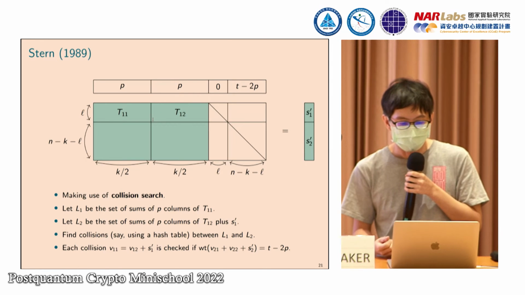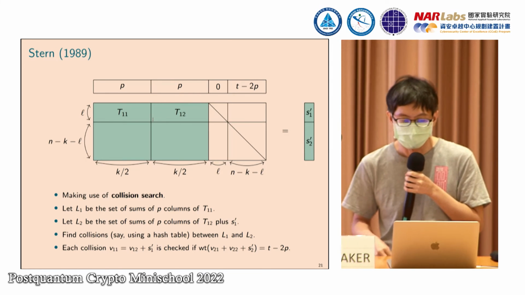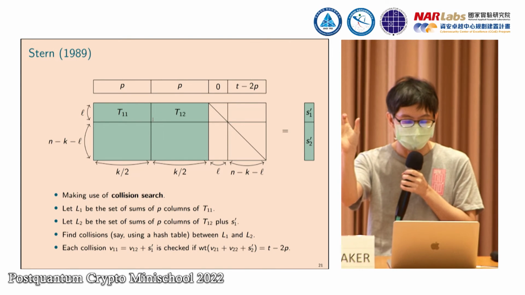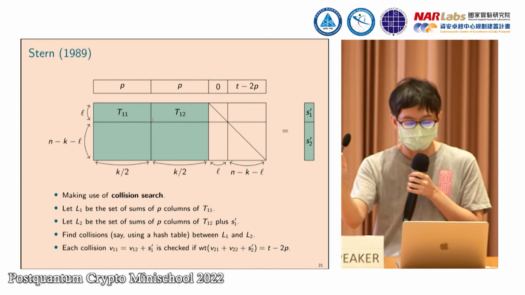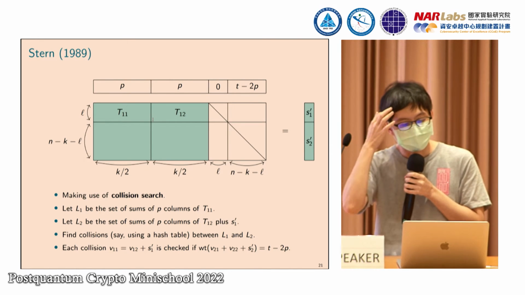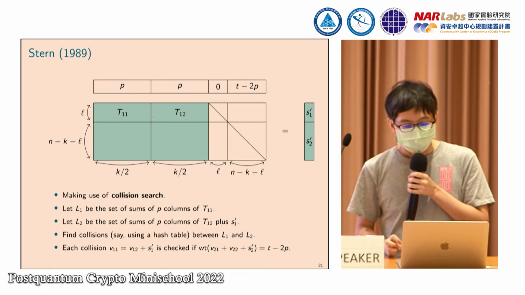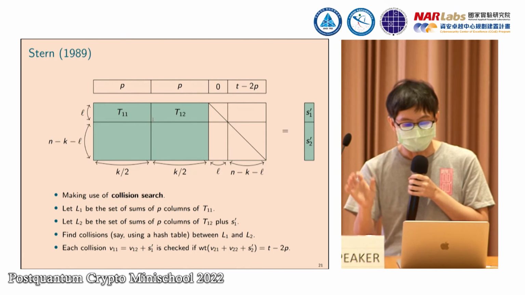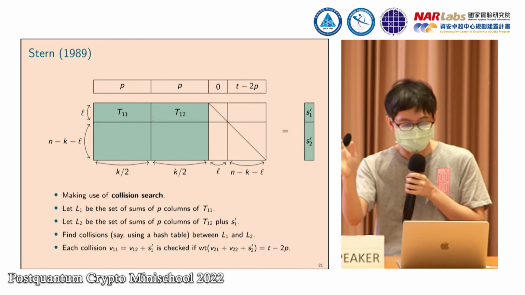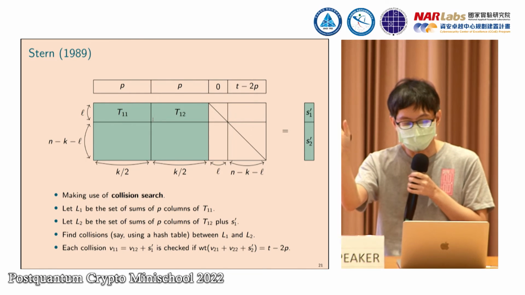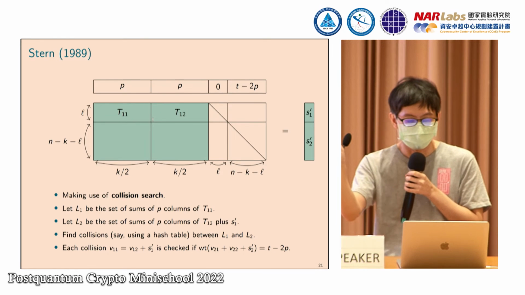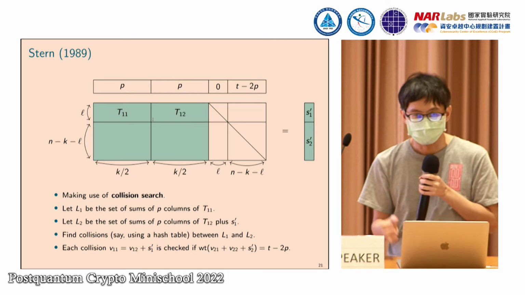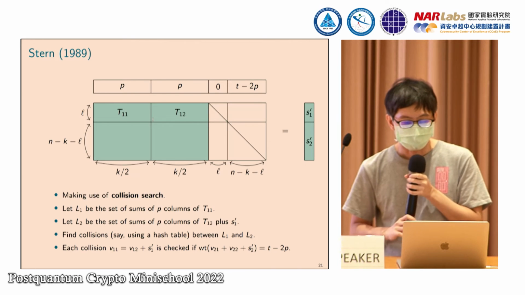So the concept is that now you consider that you have p errors in the first k over 2 entries, and p errors in the other k over 2 entries. And as before, you try to generate all the sums of p columns of this matrix T11, or the sums of p columns of T12. And then you try to do a collision search between these two lists.